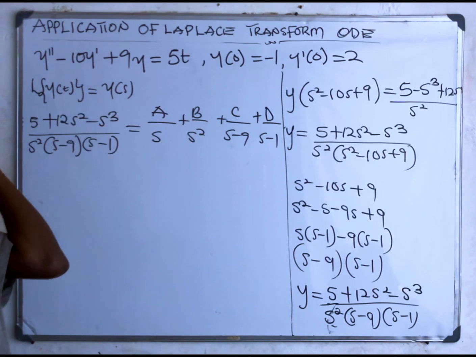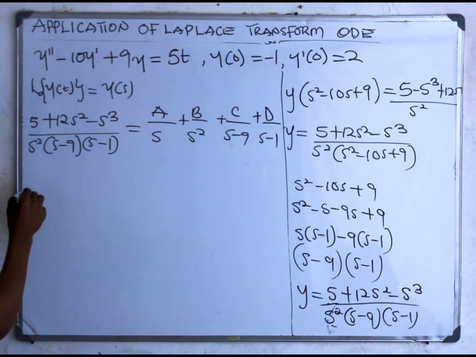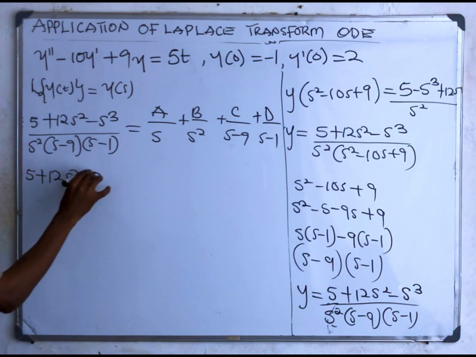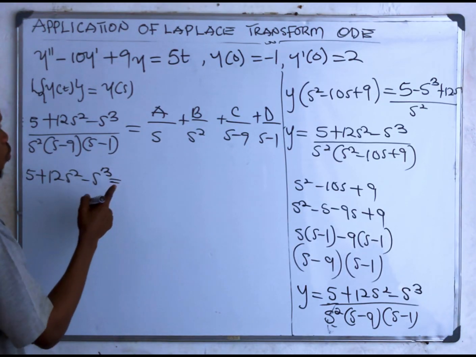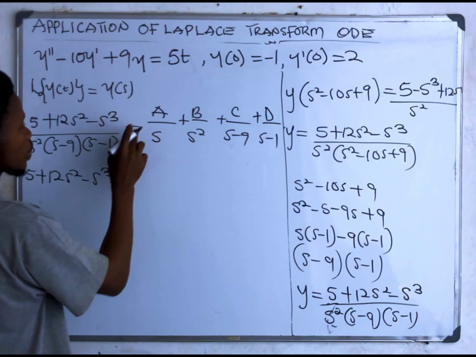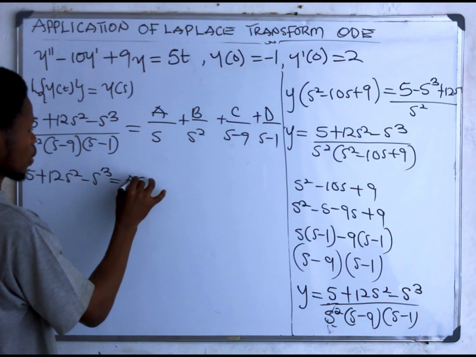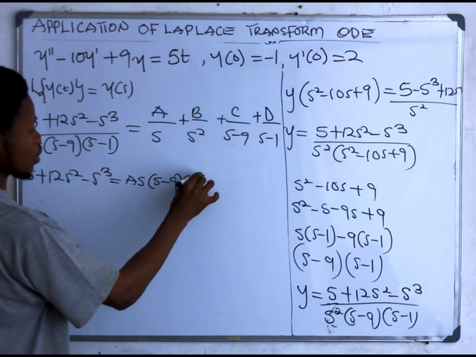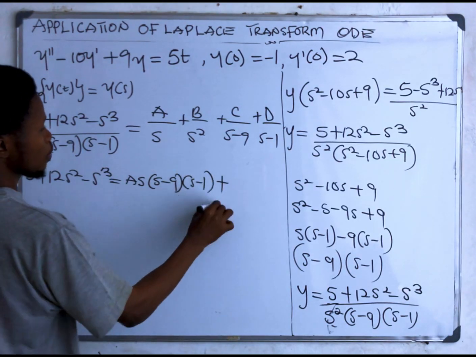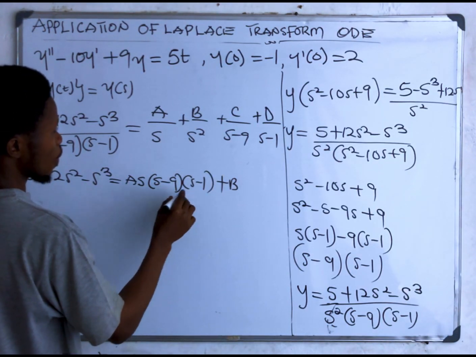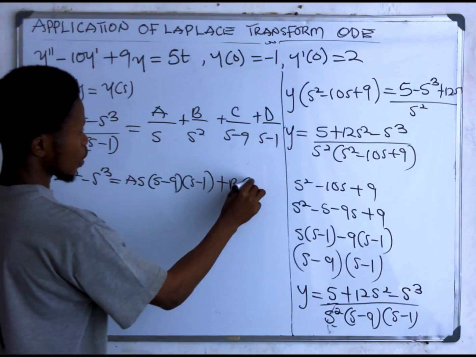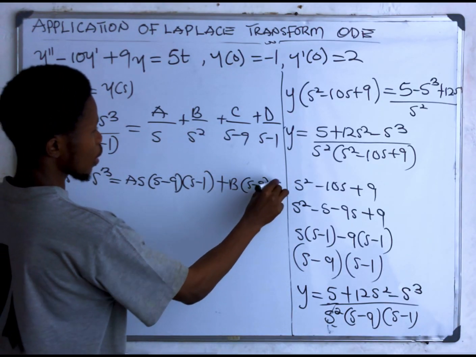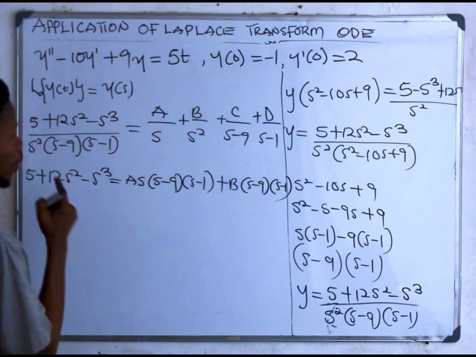Now we can write this as 5 plus 12s squared minus s cubed equals, find the LCM. This gives us A s, bracket open, s minus 9, s minus 1. Then you have B, s minus 9, s minus 1, right?